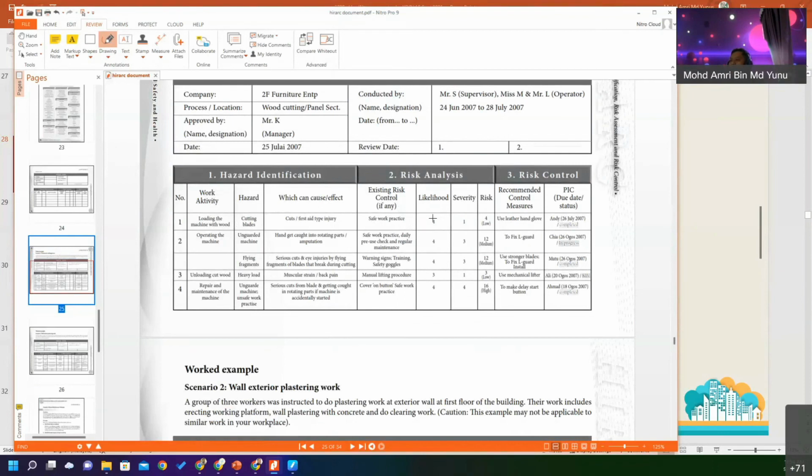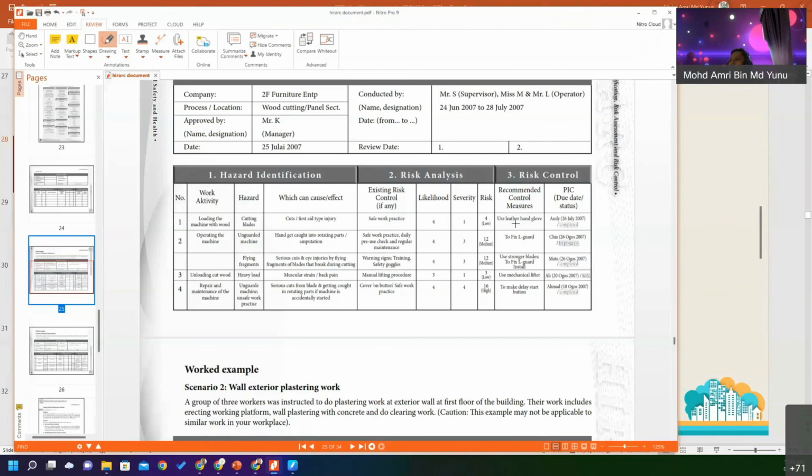Likelihood, because the work is repetitive, loading the machine with wood, and there are cutting blades like knives. So you put 4, high, maybe there are 2 shifts, put 4, and then severity is 1 because it could only produce minor injury.